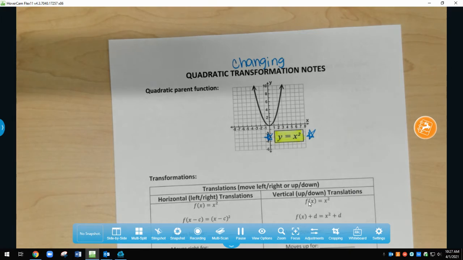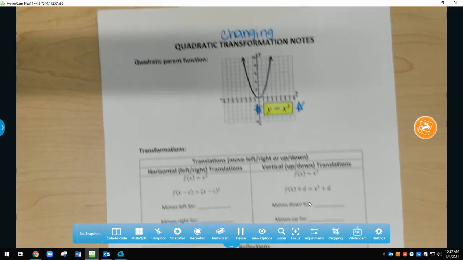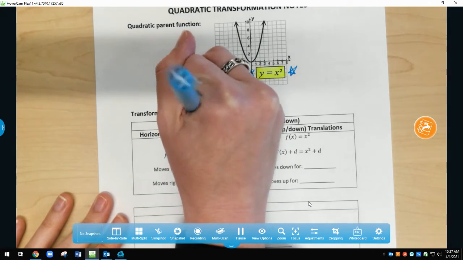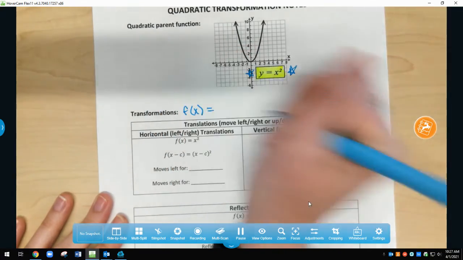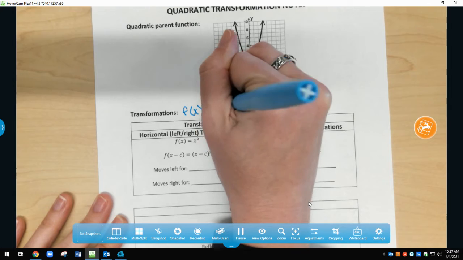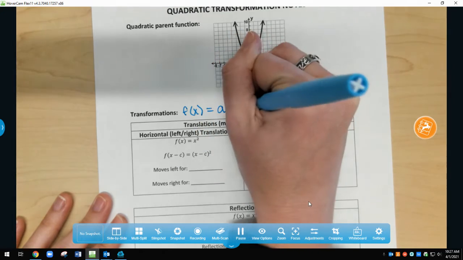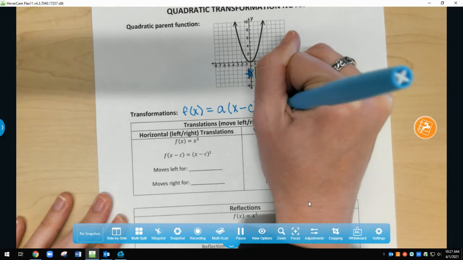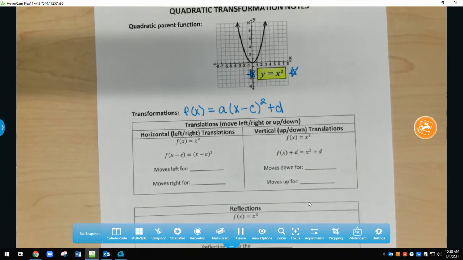Okay? Now, when we are dealing with this, okay, we're going to have our function. We're going to have an a, C, and a D. Okay, so each letter does something a little bit different.